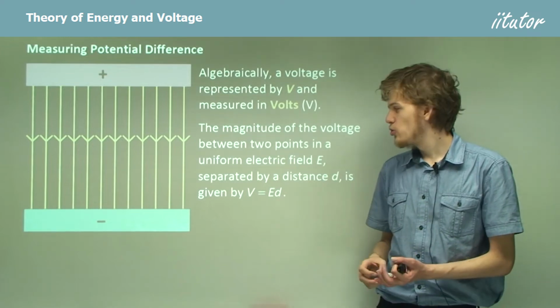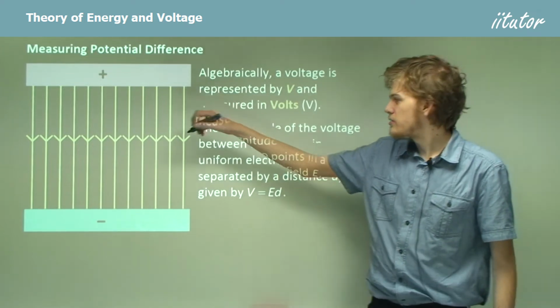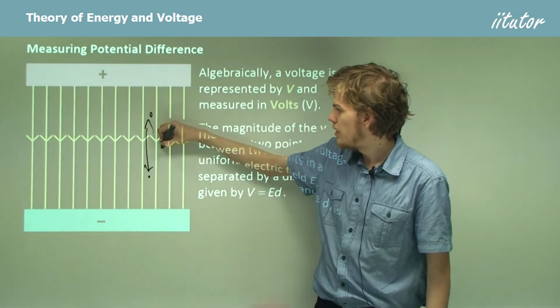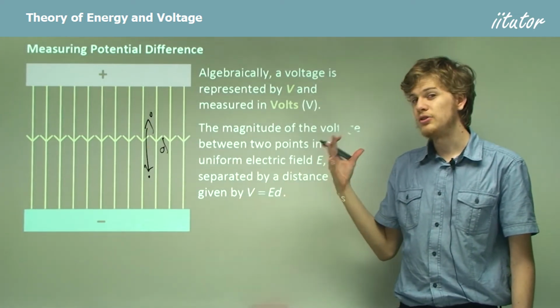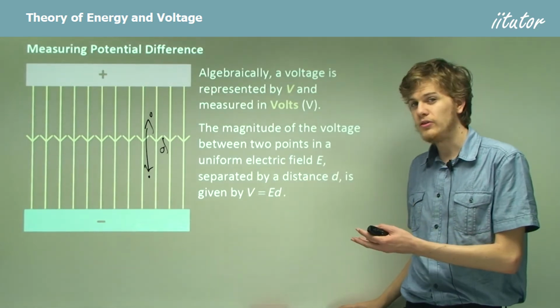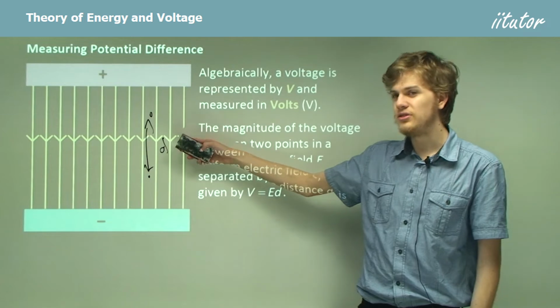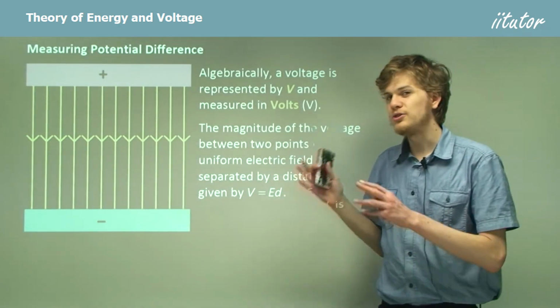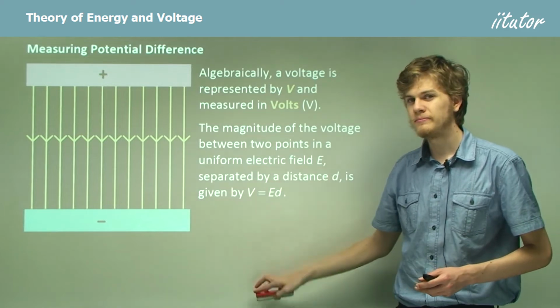So if I were to take 2 points in this electric field separated by d, then the voltage between them, that is the potential difference between them, is simply going to be the strength of the electric field times this distance. And that'll get the height of the potential hill between those 2 points.